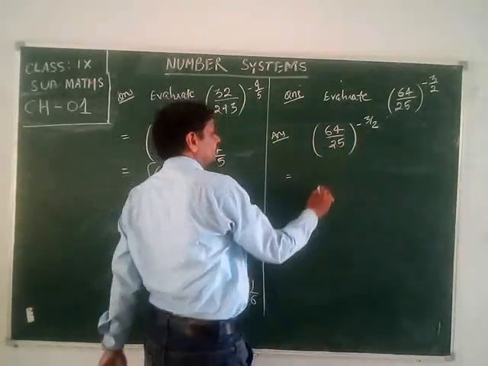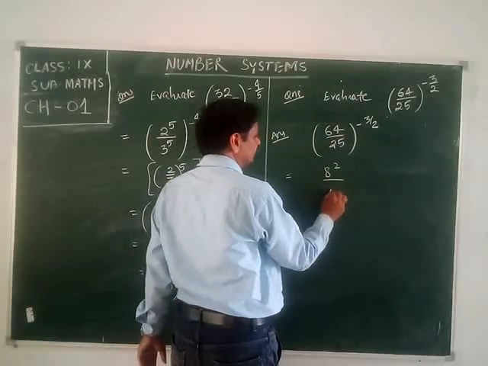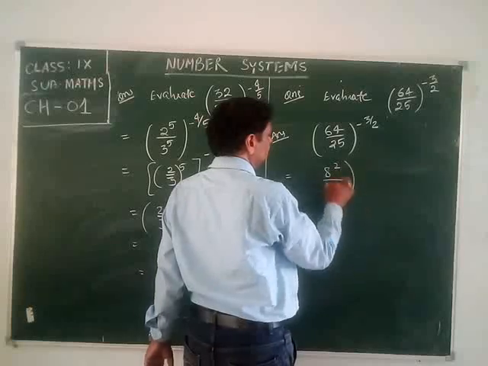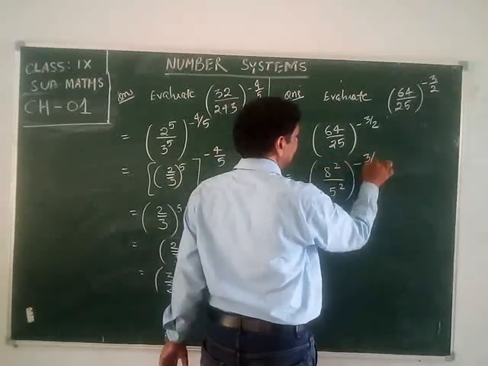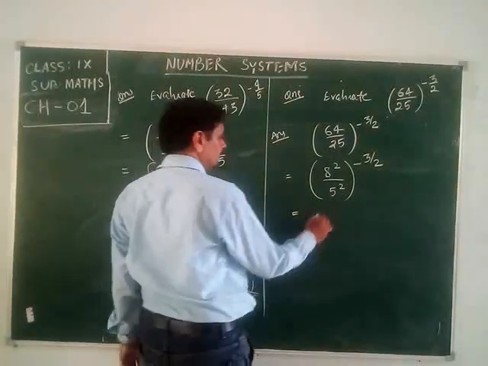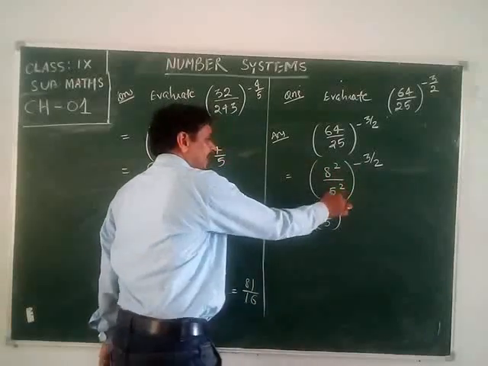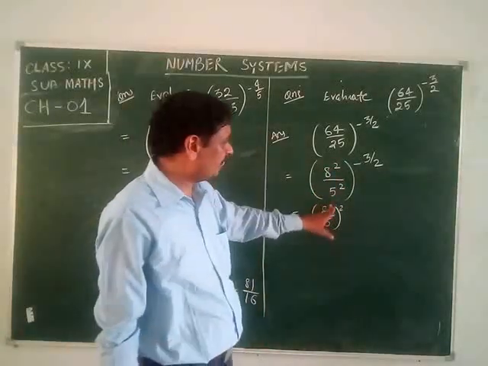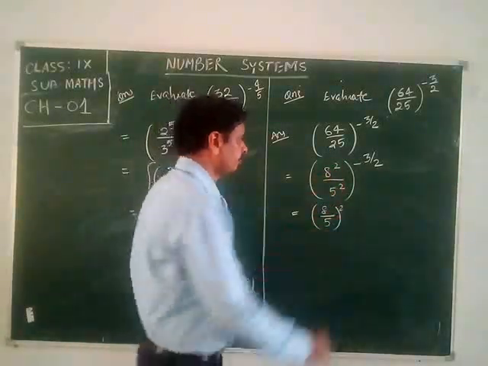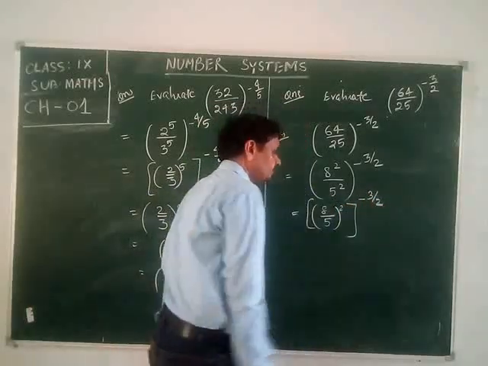This 64 is expressed as 8 square, 25 is written as 5 square, whole to the power minus 3 by 2. Now 8 square by 5 square can be written as 8 by 5 whole to the power 2, whole to the power minus 3 by 2.